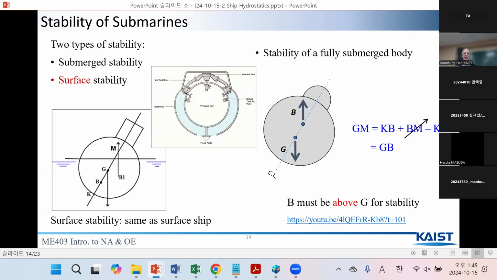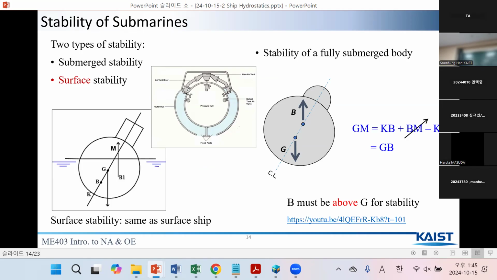Stability of a submarine is different. We say two cases. When the submarine is on the surface, it is the same as a normal ship, right? Same as a normal ship, but the shape is different. The calculation is the same.